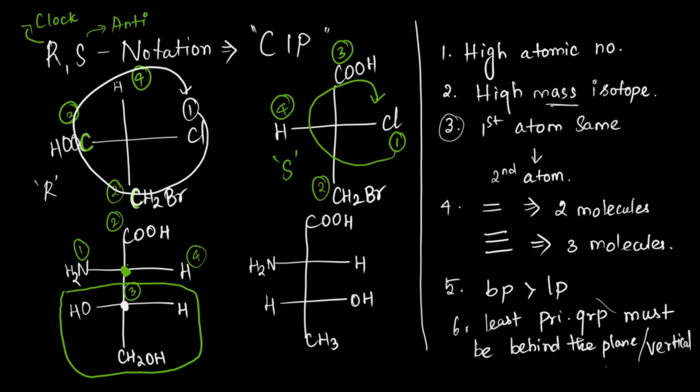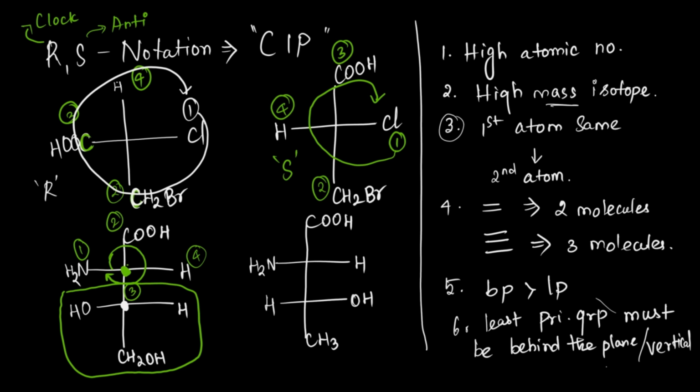So the least priority group must be in vertical position. Here that is not the case, so I have to do the opposite. Before that, I have to find whether it is clockwise or anti-clockwise, right? This is clockwise.